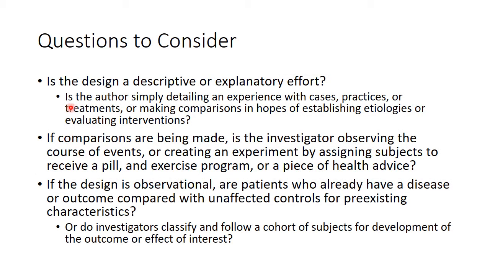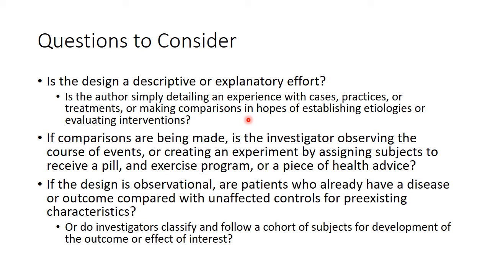So some questions to consider: is the design descriptive or explanatory effort, right? Is the author trying to detail their experience with cases or their practices or treatments, or are they making comparisons in hopes of establishing why people get a certain disease, or evaluating some sort of intervention?